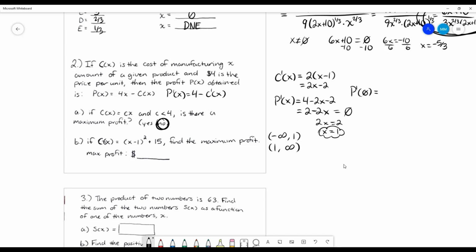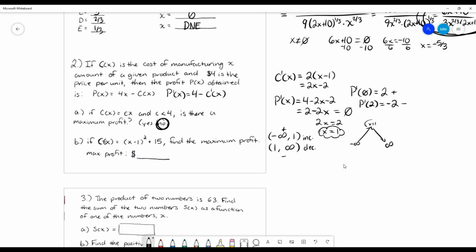So plug in a 0, and I just get 2, which is positive, so we're increasing on this interval, increasing all the way up to x equals 1. And then from here I'll plug in maybe a 2. So I get 2 minus 2 times 2, so it's 2 minus 4, or negative 2, which is negative. So we're decreasing.